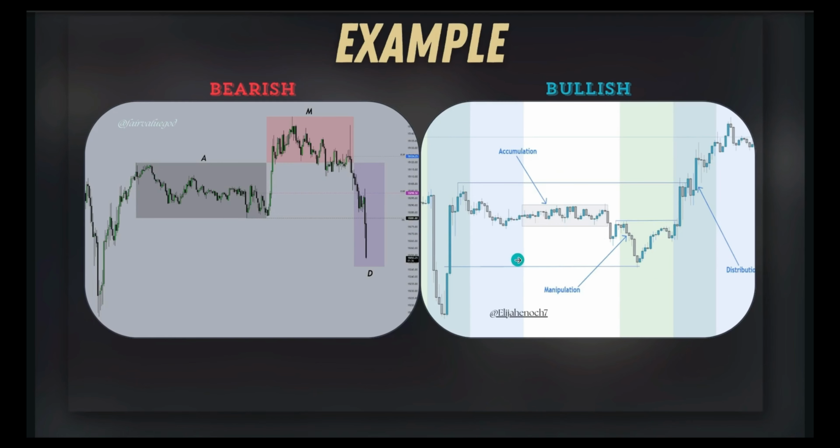Now, a few good ways to try to see if manipulation finally ended is you get that break of structure to the opposite side. And if you see it reacting to a point of interest, like an order block, or in this case, a fair value gap, you compare those two things up and you'll get a pretty solid confirmation, right? A good place to enter would be maybe at the break of this candle, of this upside right here.